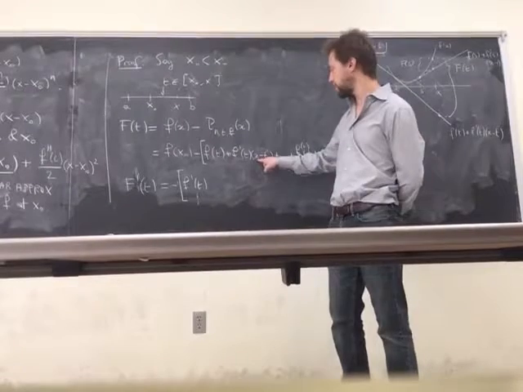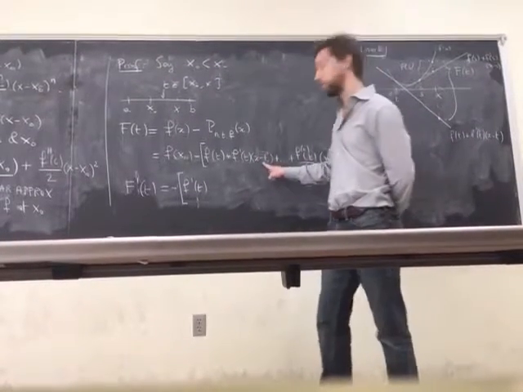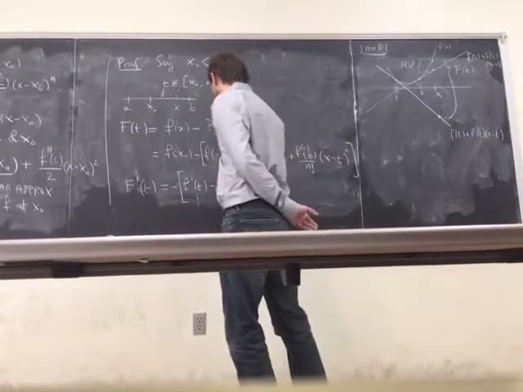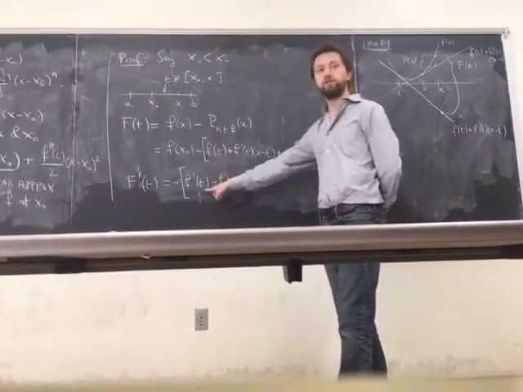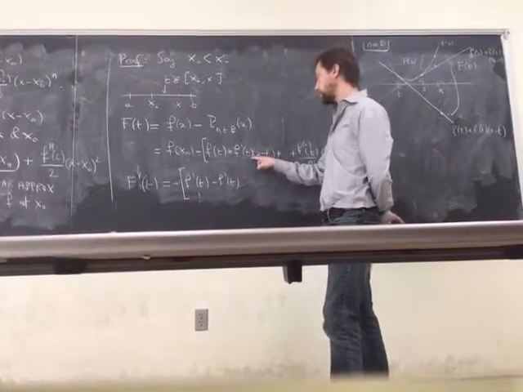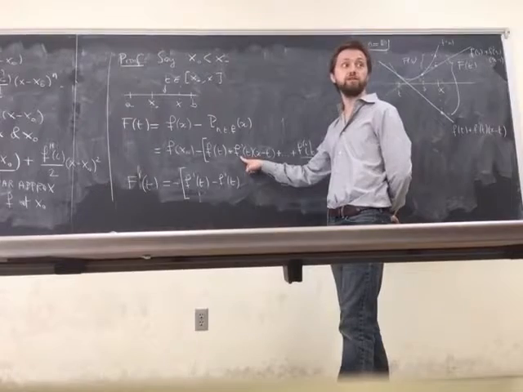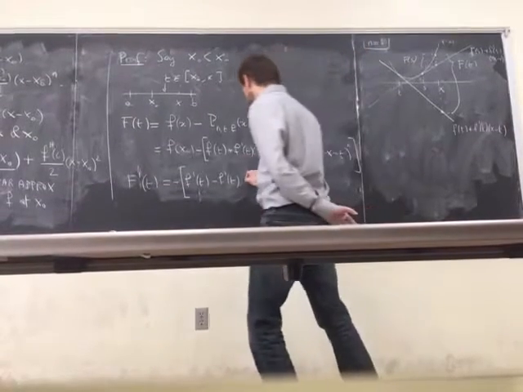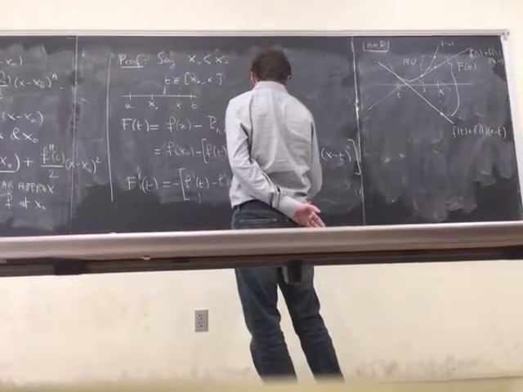When I differentiate x minus t, I get the minus sign, so this gives me minus f prime of t, which will cancel that. And then I differentiate f prime, and this gives me an f second, so I got plus f second of t times x minus t.